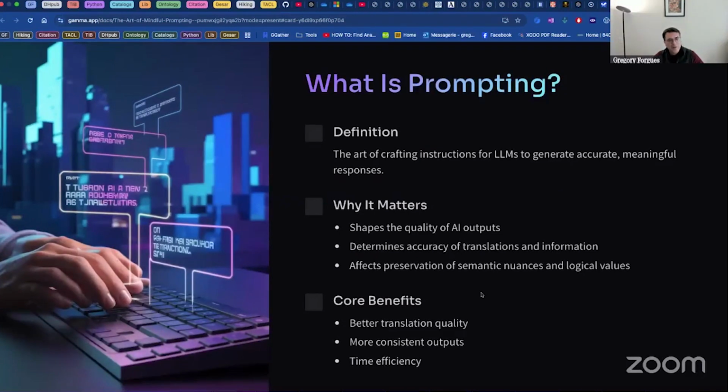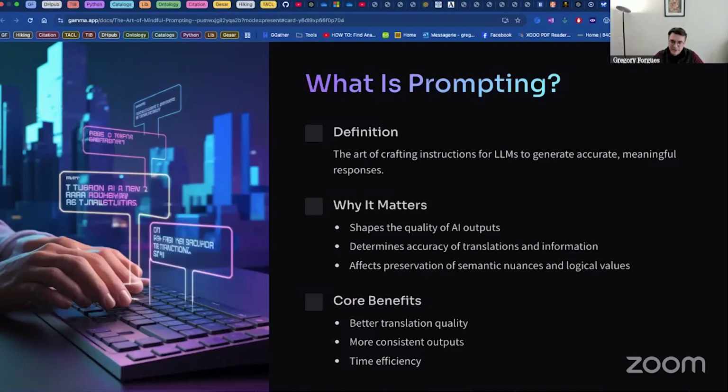So before we go on with prompting, a basic definition. Prompting is the art of crafting, or the craft of producing, instructions that the LLM can use to generate accurate, meaningful responses. It's important because it will shape the quality of the outputs produced by the model.